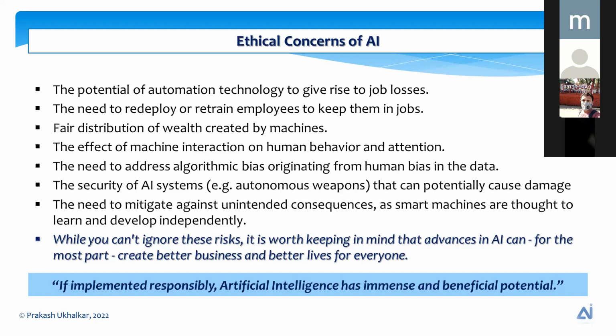So there may be a lot of limitations, concerns, and disadvantages, but you can't ignore these risks. It is worth keeping in mind that advances in AI can, for the most part, create better business and better lives for everyone. And beyond that, if implemented responsibly, AI has immense and beneficial potential, right? So that is there.